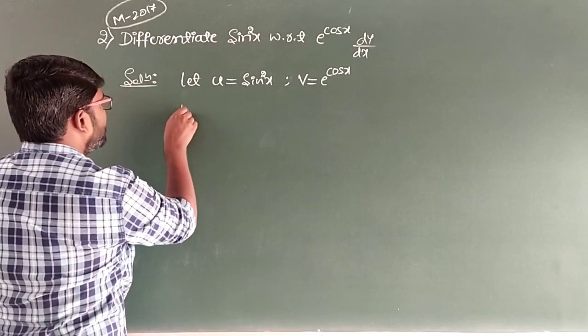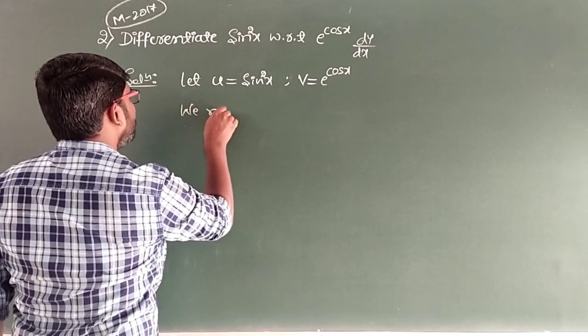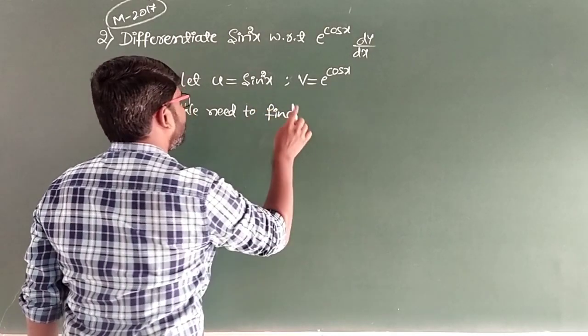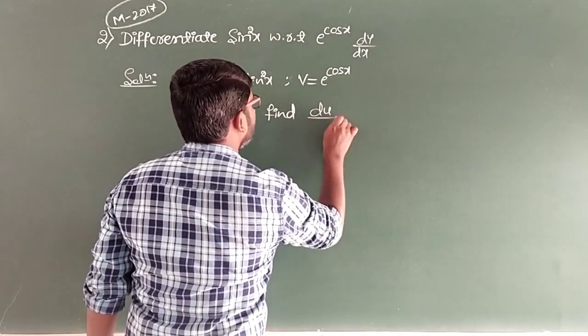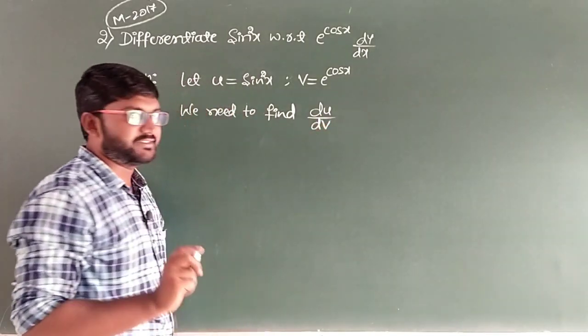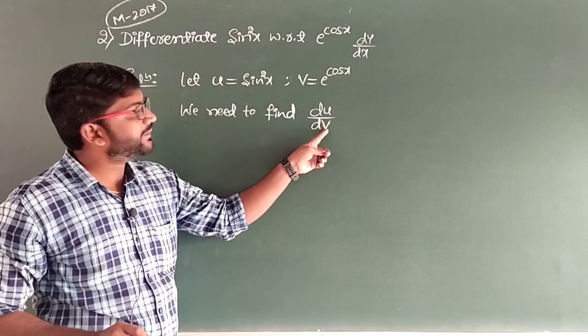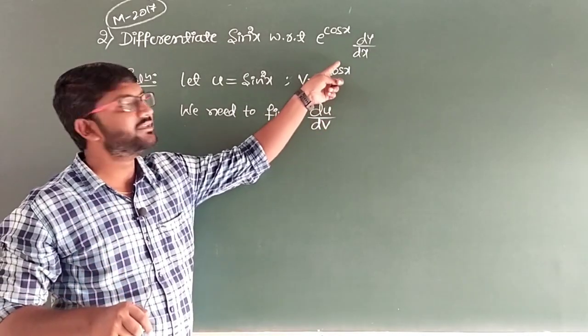So here we need to find du by dv. See here, derivative of u, that is sin square x, with respect to v, that is e power cos x.